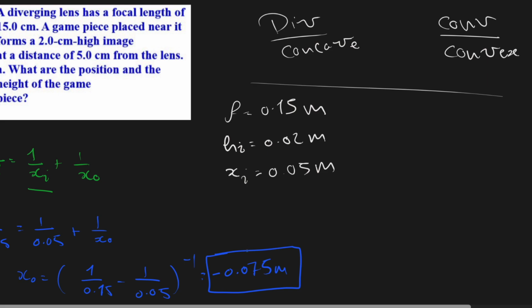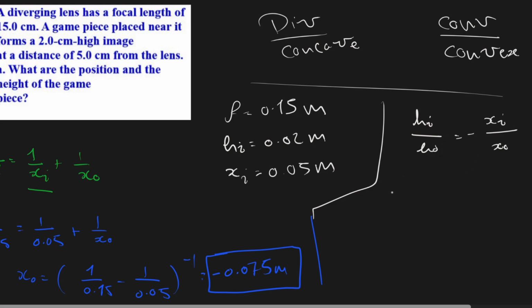This is xo. And now let's find the height, right? Let me remind you again with the formula that relates the height and the positions. So hi over ho is equal to negative xi over xo. Okay, and using this equation we can solve it.